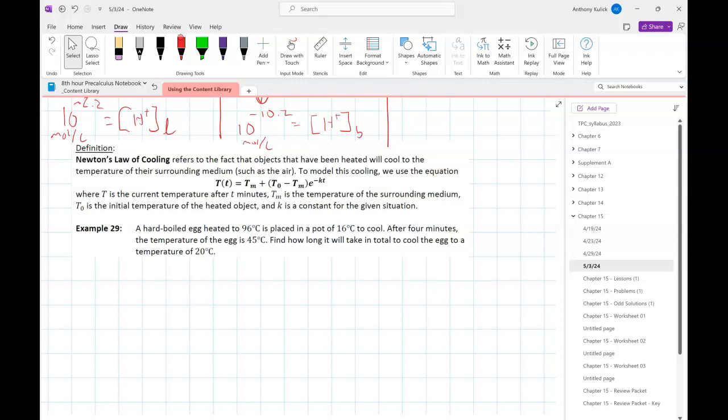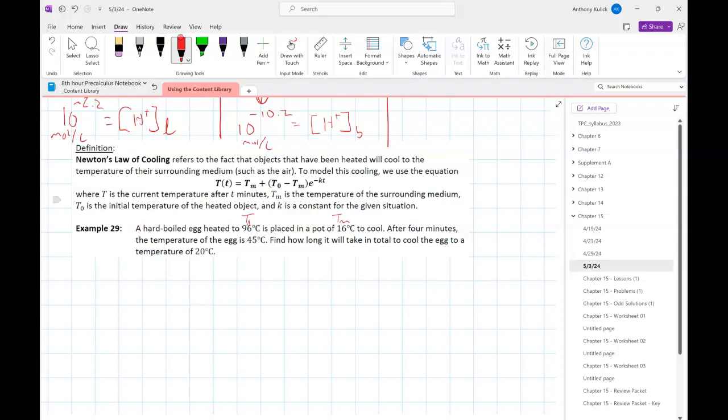Hard-boiled egg is heated to 96 degrees. What's 96? Which one of those is that? T naught. It's the initial temperature, right? That's how hot we heated it to. It's where it started. What's the 16 then? That's T sub m. That's the pot of cold water we dropped our egg in to cool it off.